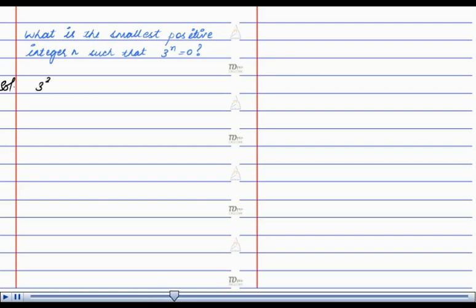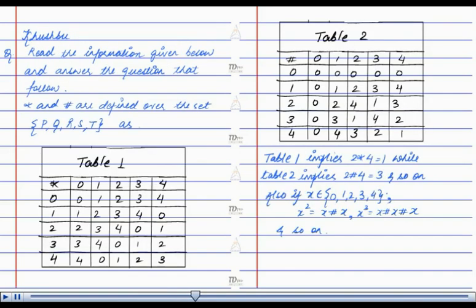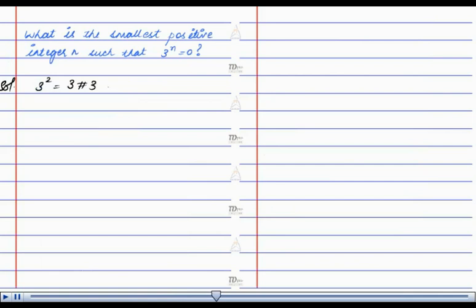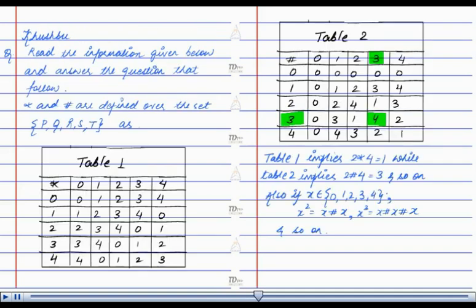We first calculate 3 square, that is 3 hash 3, which can be seen from the table as 4. Next we calculate 3 cube, that is 3 hash 3 square or 3 hash 4, which can again be seen from the table as 2.